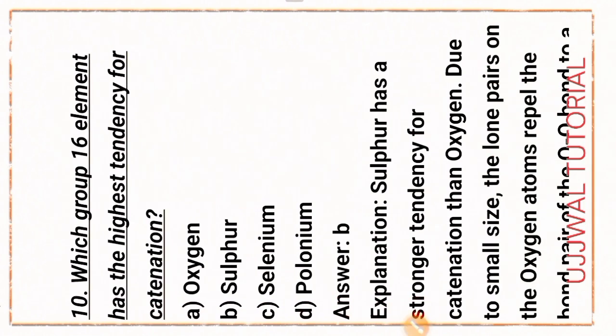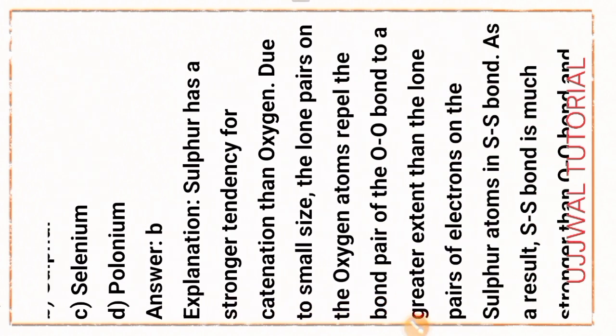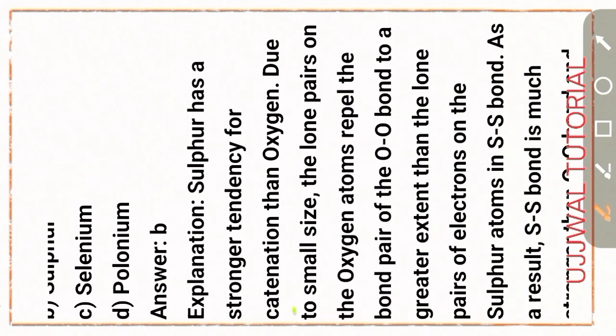Next question, question number 10. Which group 16 element has the highest tendency for catenation? Option B, sulfur. To explain this part, sulfur has a stronger tendency for catenation than oxygen.